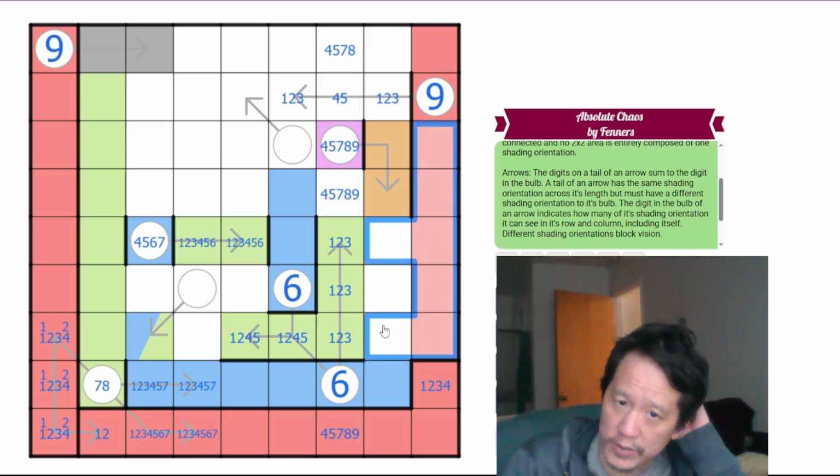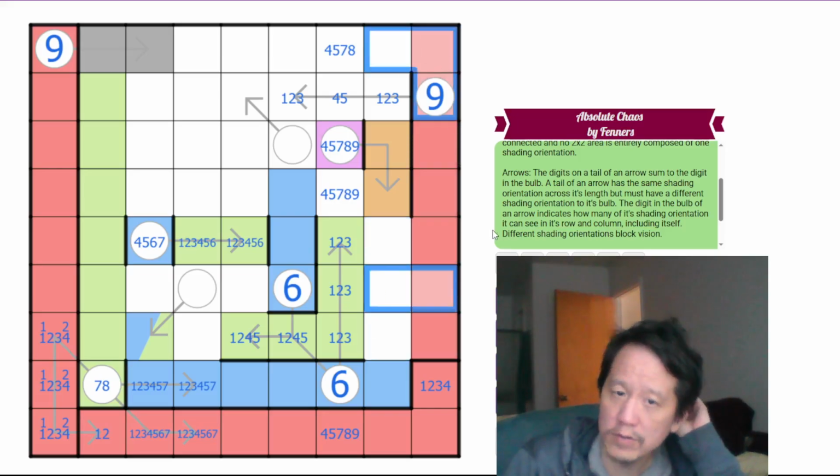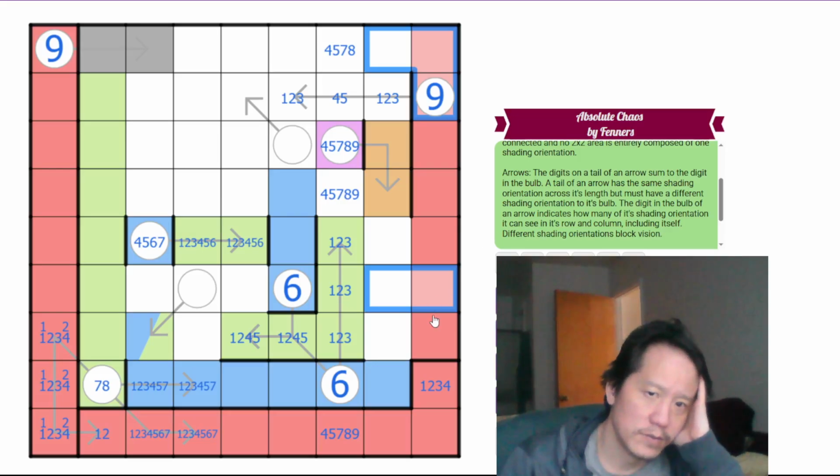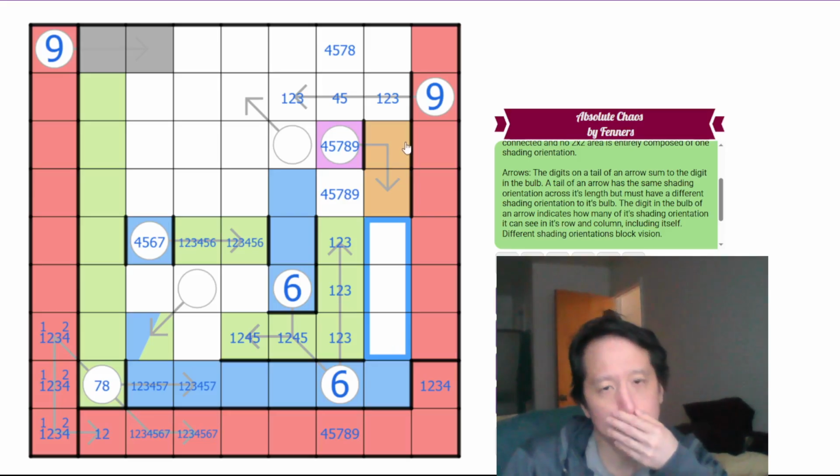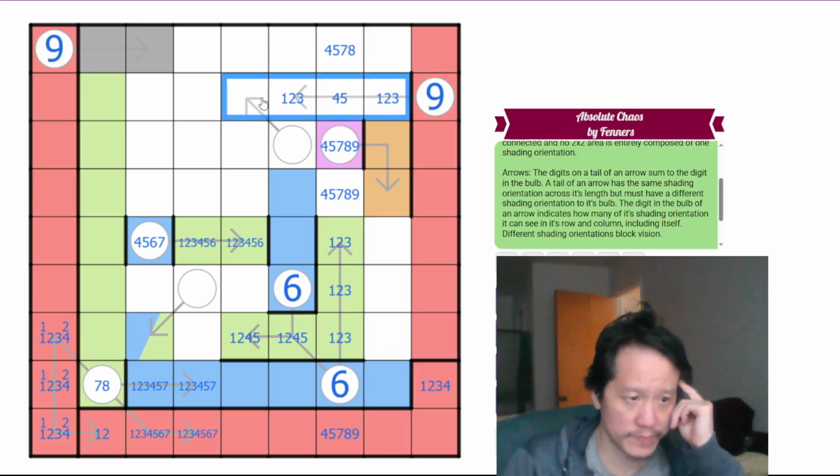It could go here and here. Or just here and here. Hmm. Could be just 2 here. So the red can go any of these 5 cells. It cannot be this one.